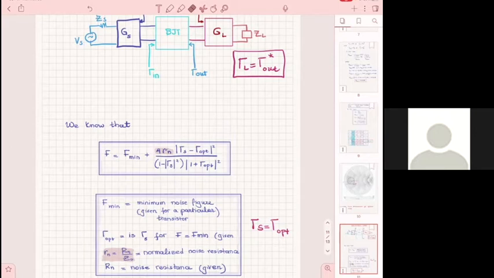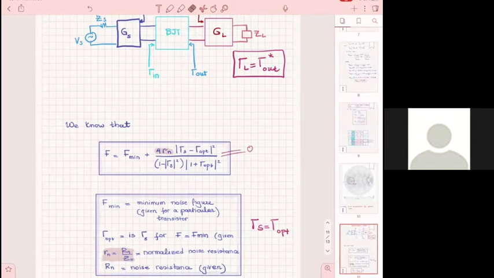So this one here comes from there, because I want this one here to be equal to 0.